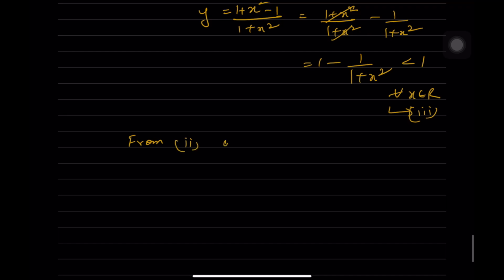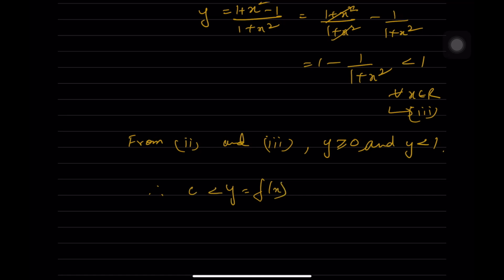From 2 and 3 we can see that y is greater than or equal to 0 and y is less than 1. So therefore y, which is equal to f of x, lies between 0 and 1.